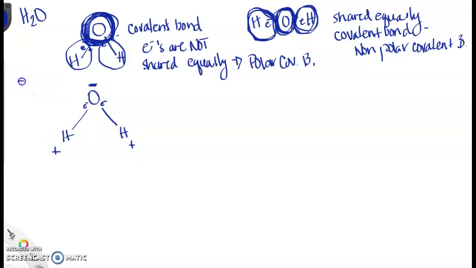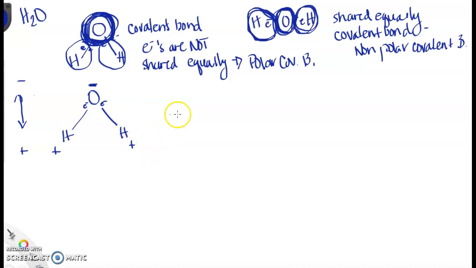So it makes sort of a negative pole and a positive pole. And this polar condition that water molecules have makes it able to have the characteristics that water has.